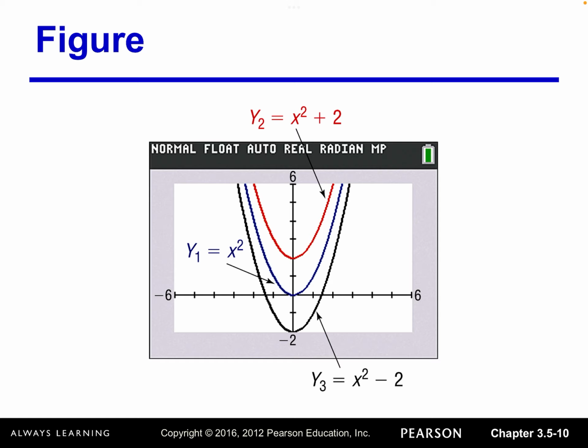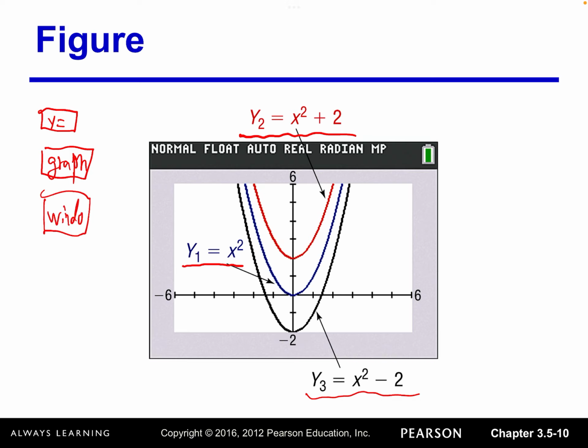All right. And you can also use your graphing calculator to graph all these functions together. Use the y equals key to define the functions. In y1, you define x squared. In y2, x squared plus 2. In y3, x squared minus 2. And then you click the graph key, okay? If you don't see anything, make sure you adjust the window size. Set x minimum to a negative number, maybe negative 5, negative 10, whatever, okay?